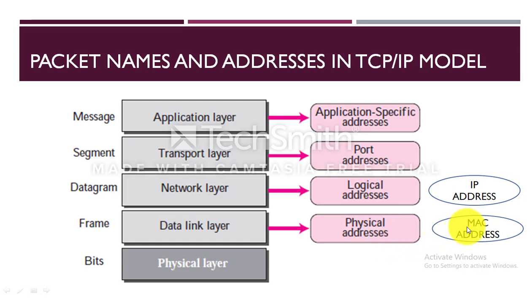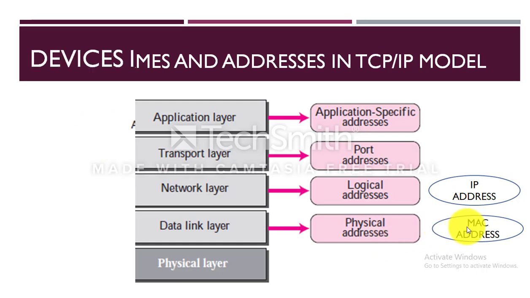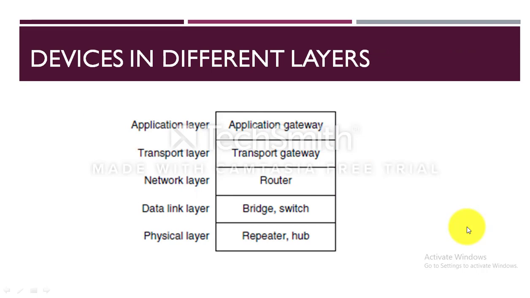Devices in different layers. At physical layer, there are repeater and hub. At data link layer, there are bridge and switch. At network layer, there are routers. At transport and application layer, there are gateways.